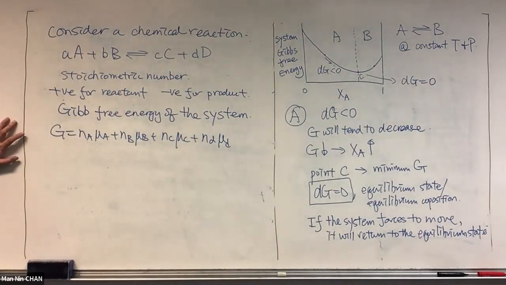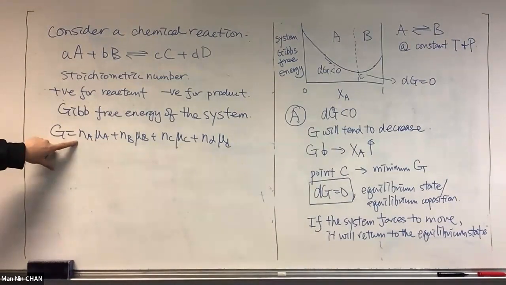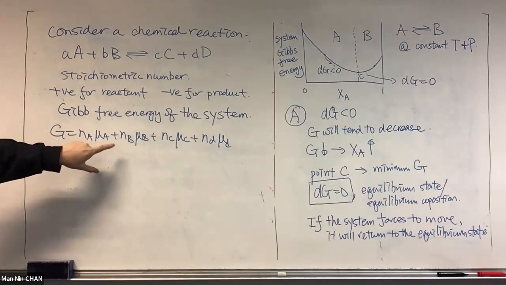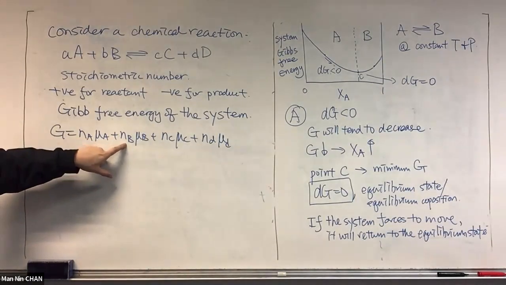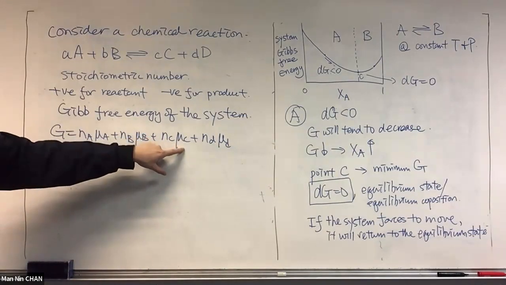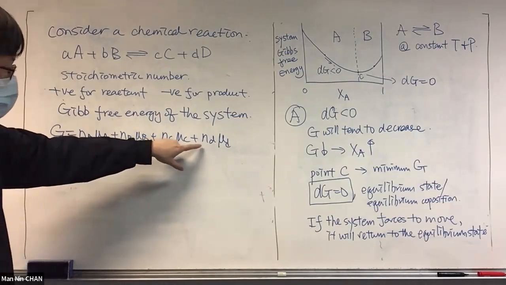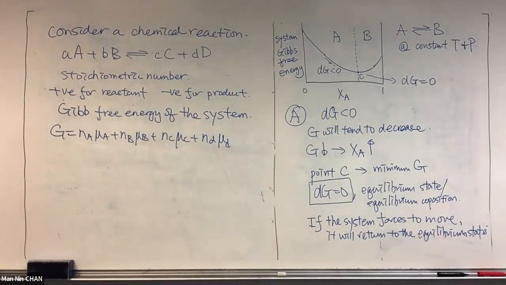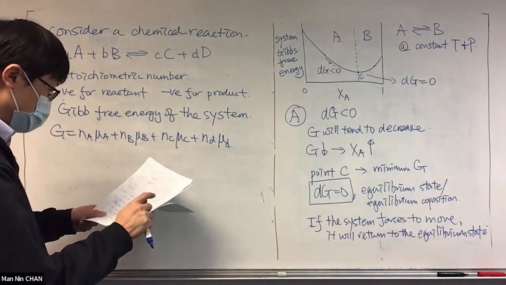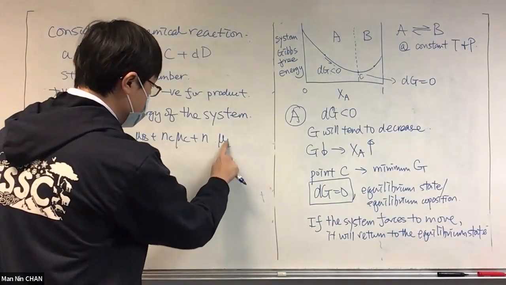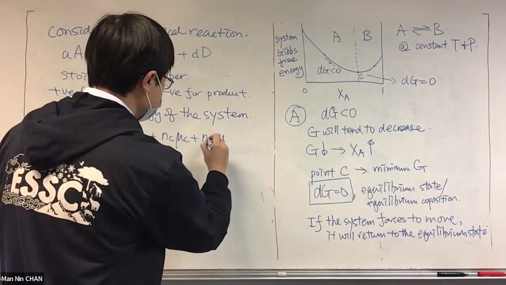The Gibbs energy of your system will be the number of moles of your species A times the chemical potential of your species A, plus the number of moles of B times the chemical potential of B, the number of moles of C times the chemical potential of C, and the number of moles of D times its chemical potential. Let me change this to capital D just for the notation.